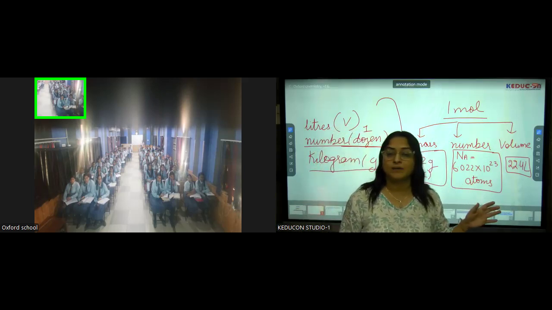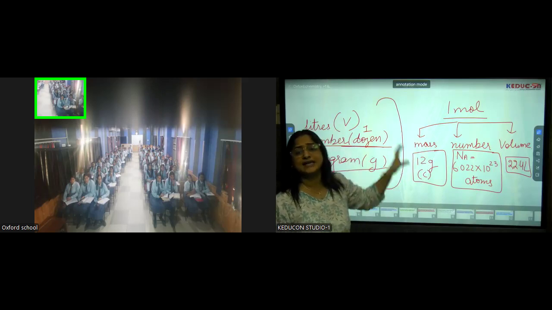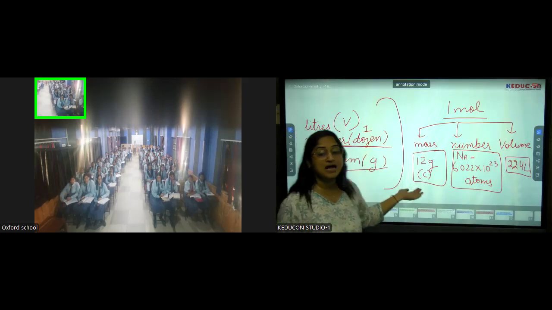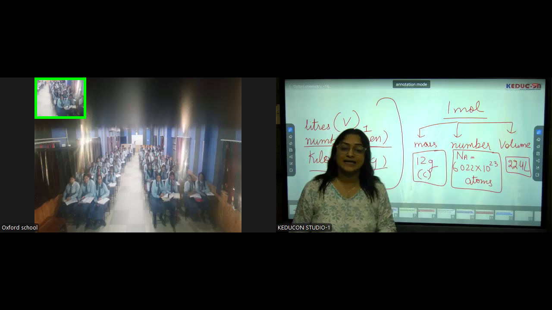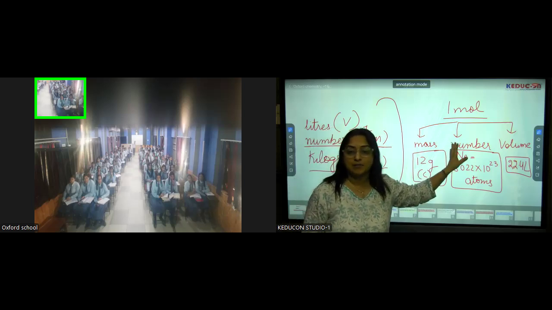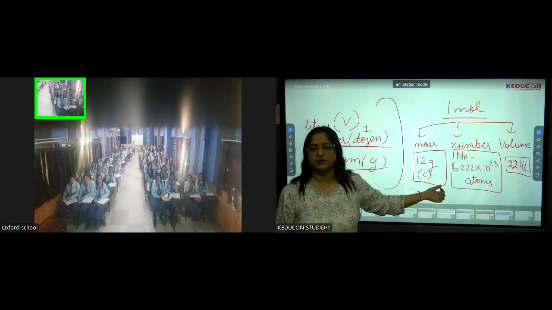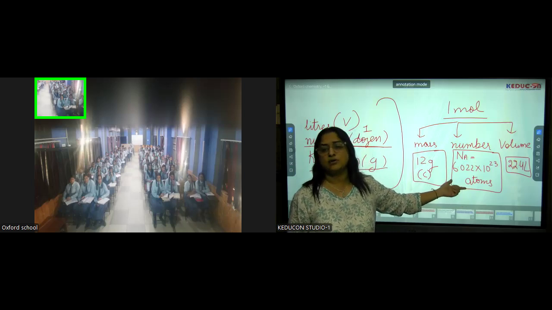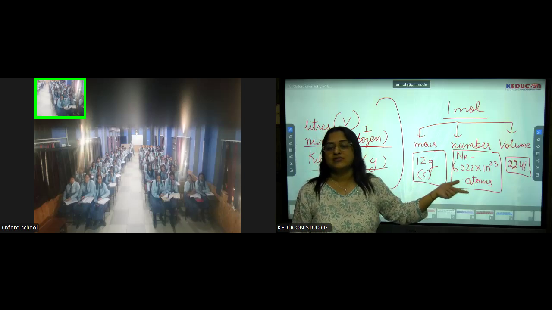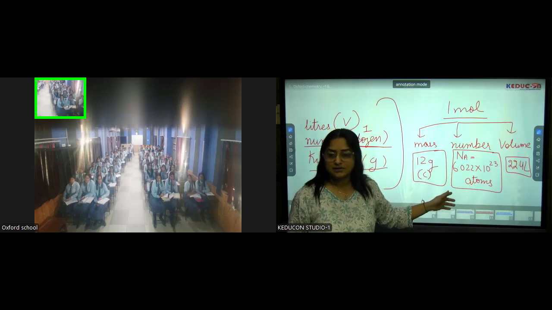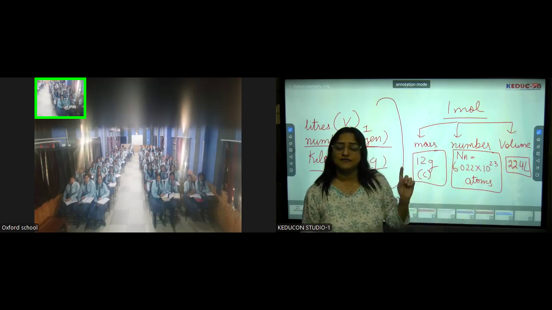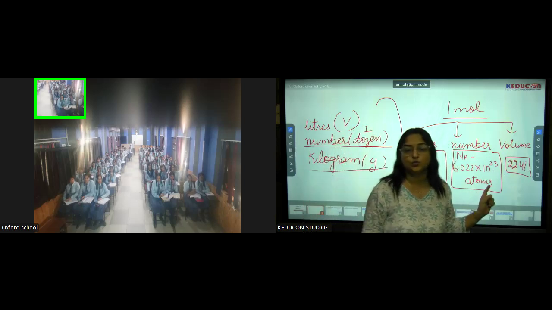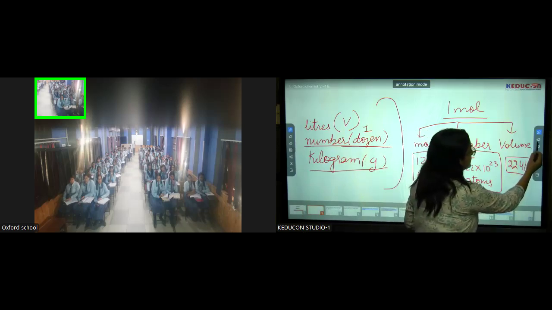For a microscopic particle, 1 mole of any element will have a mass equal to its atomic mass. 1 mole of any element in its number will have a definite number of atoms, which is the Avogadro number, a fixed number, 6.022 times 10 raised to power 23 atoms. And 1 mole of any element will have a fixed volume, which is 22.4 liters.